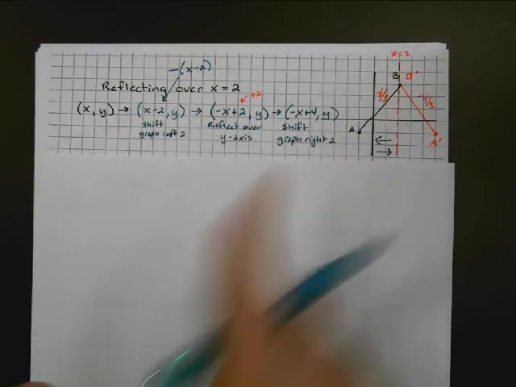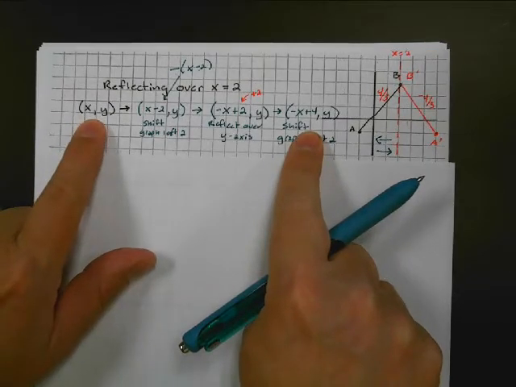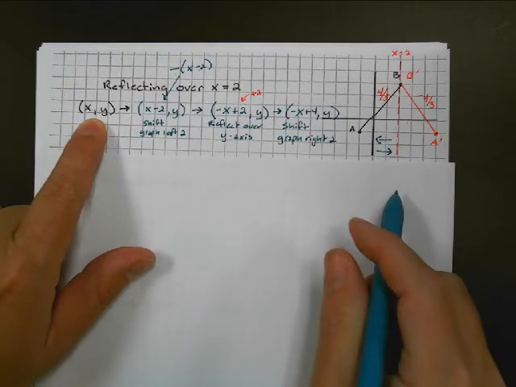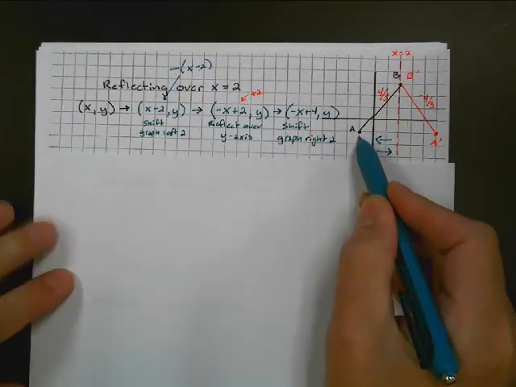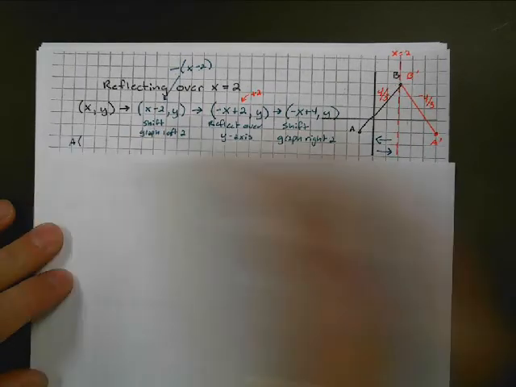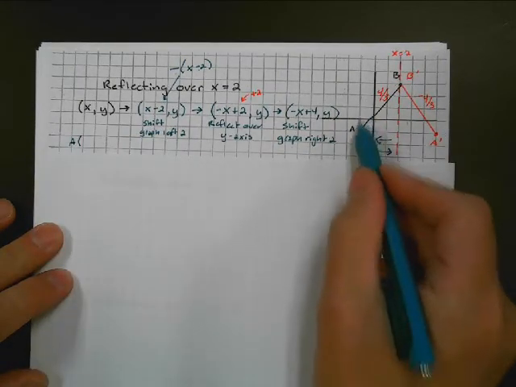There's my coordinate notation. I'm starting at (x, y). I'm ending at (negative x plus 4, y). Let's see if it works. A was at (negative 1, negative 1).